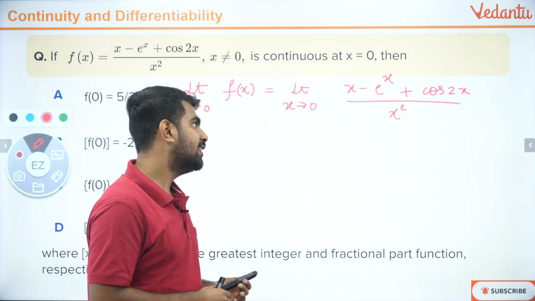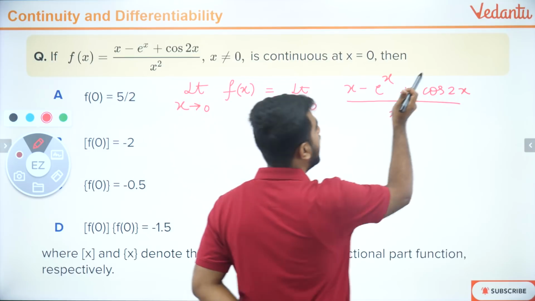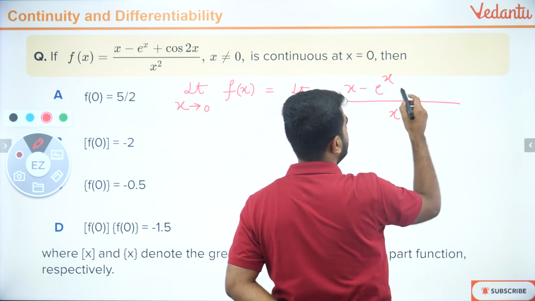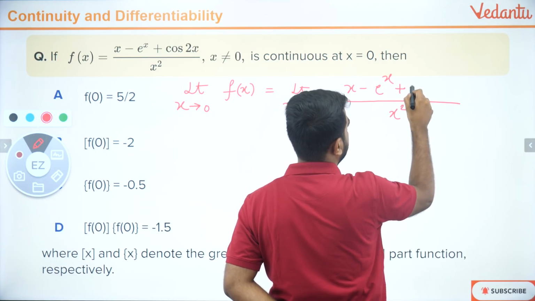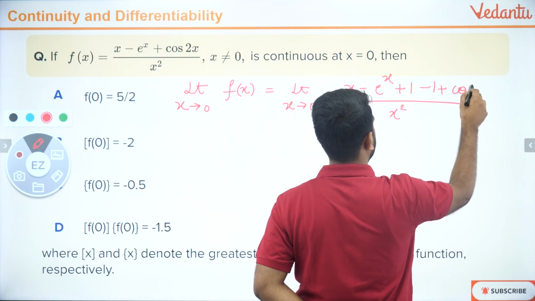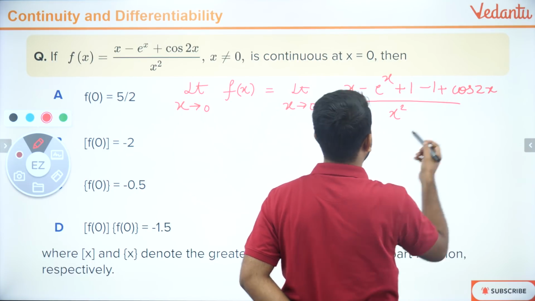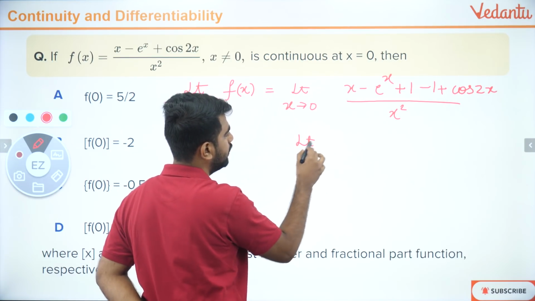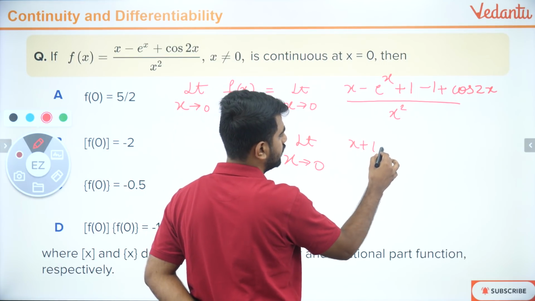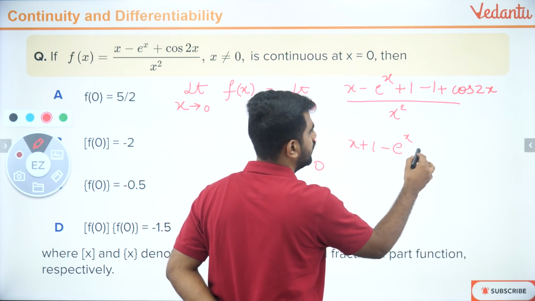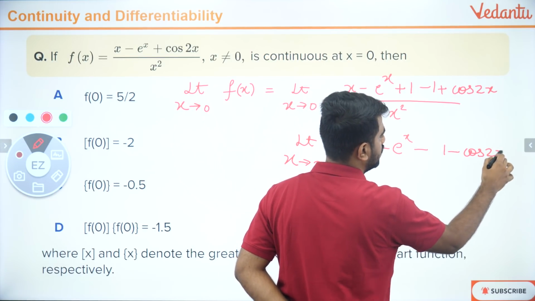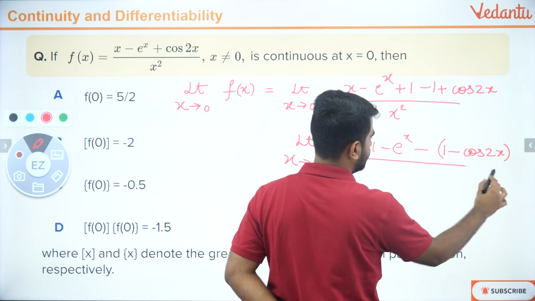standard limits only. So what I'll do is I'll add and subtract 1 over here in the numerator. Okay, so I'll add 1 and I'll subtract 1, and then you already have plus cos 2x. Isn't that correct? Now what I'll do is I'll write it as limit x tending to 0 of (x plus 1 minus e to the power x) minus (1 minus cos 2x) by x square.